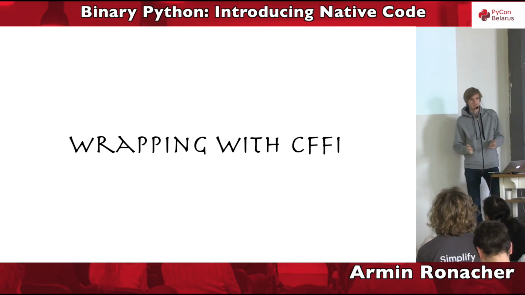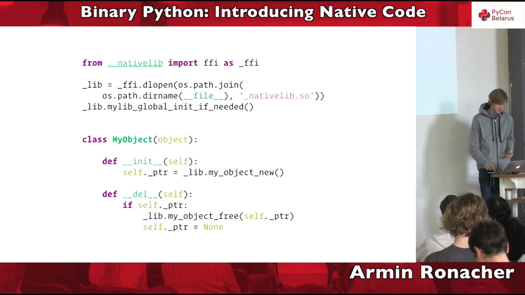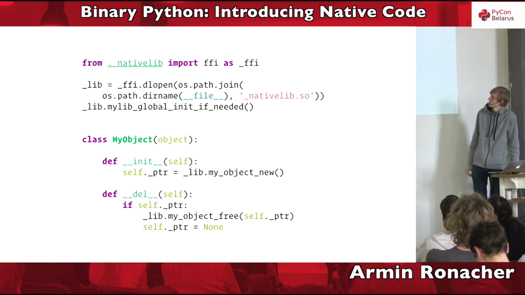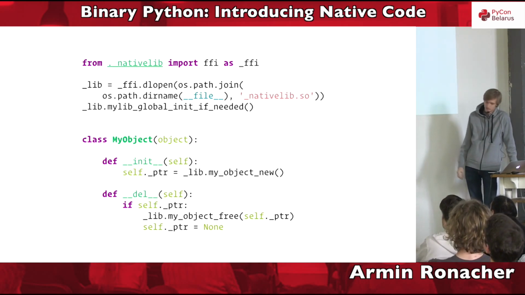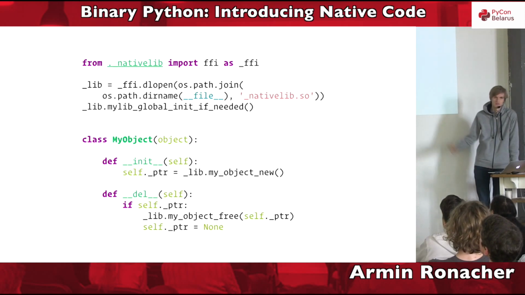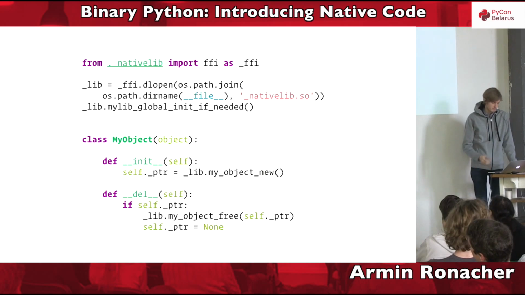Because it's a C library that you're interfacing with, a C++ or Rust library, they are not very fun to use. So you need to write a higher level wrapper around it. This is kind of how we do this. So we import from our native lib the FFI thing. In case where you only have a header, we need to say where the SO file is. And then we can invoke functions in it.